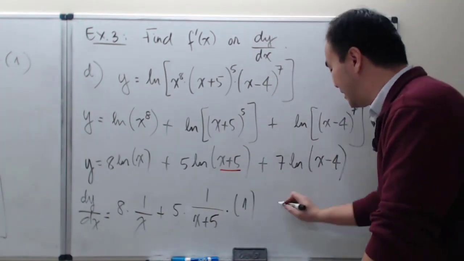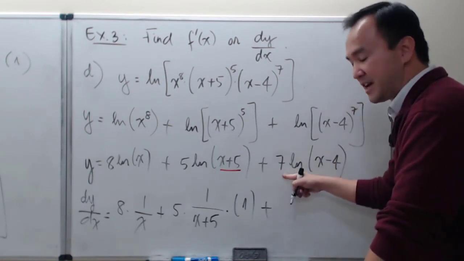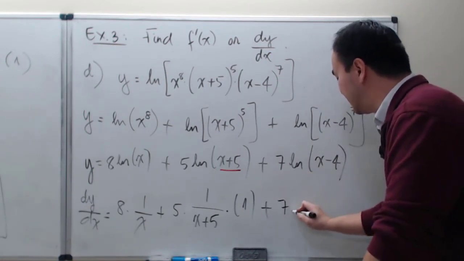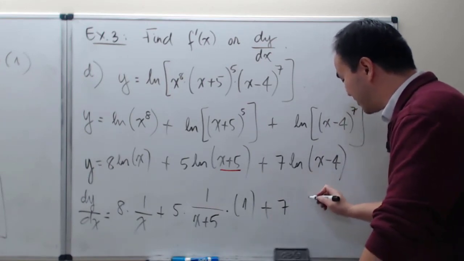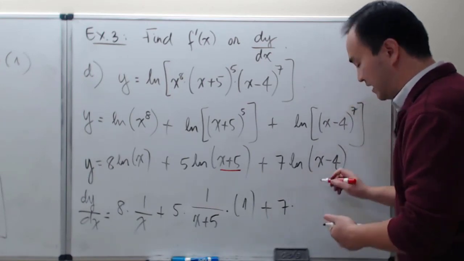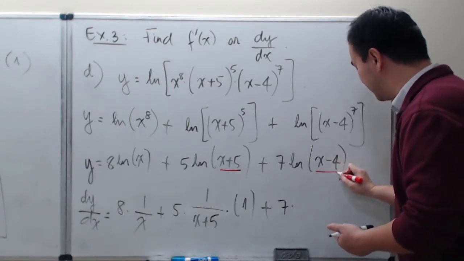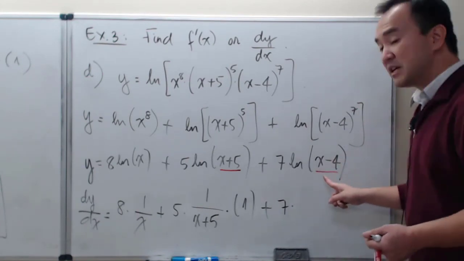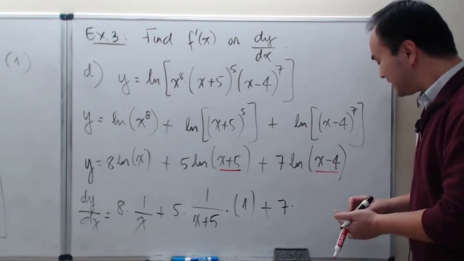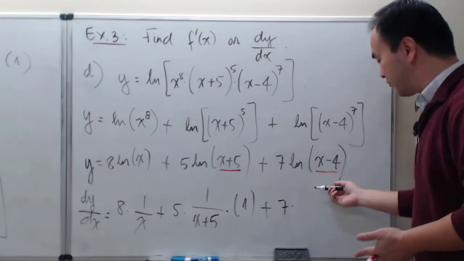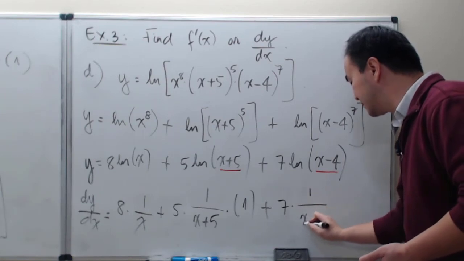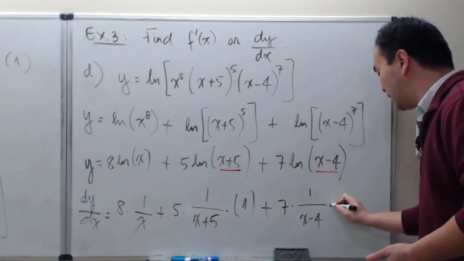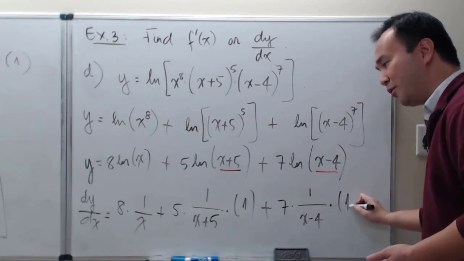Okay, and now the next term, the coefficient stays the same, 7, and here again, I recommend this could be used as a good inside. So the chain rule says take the derivative of the outside, so 1 over x minus 4, and then multiply with the derivative of the inside, which is simply 1.